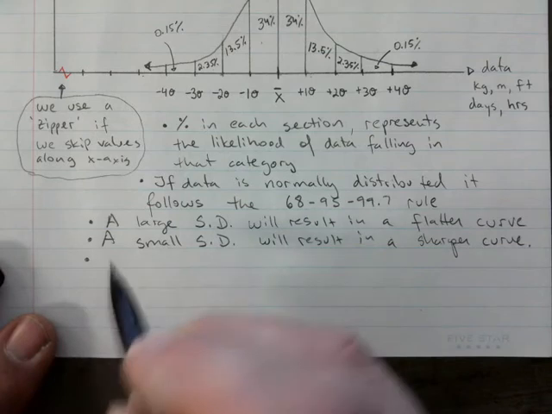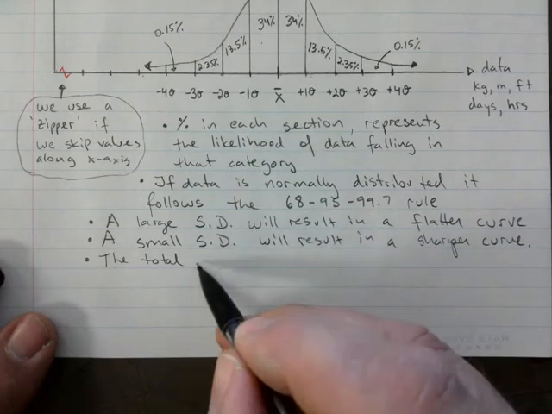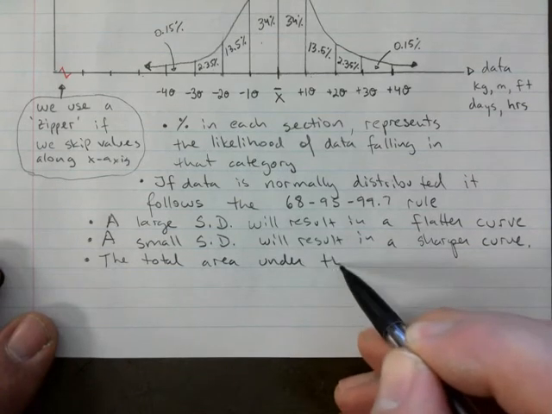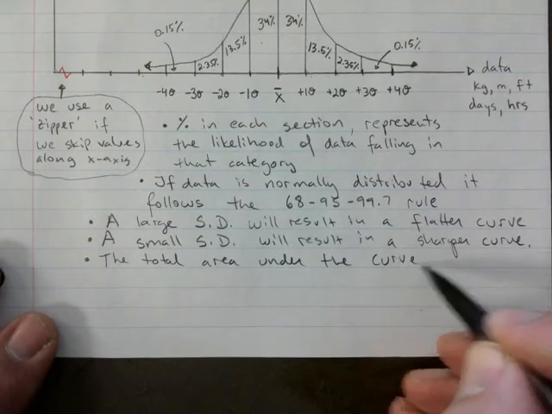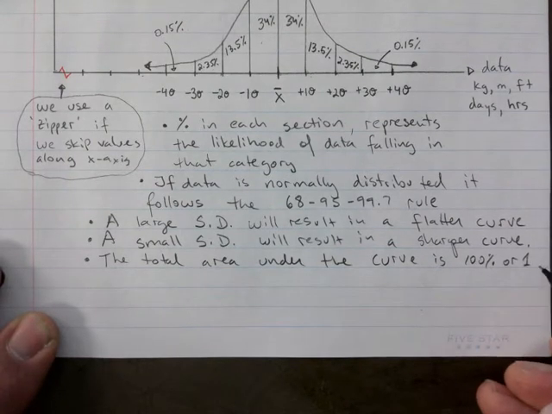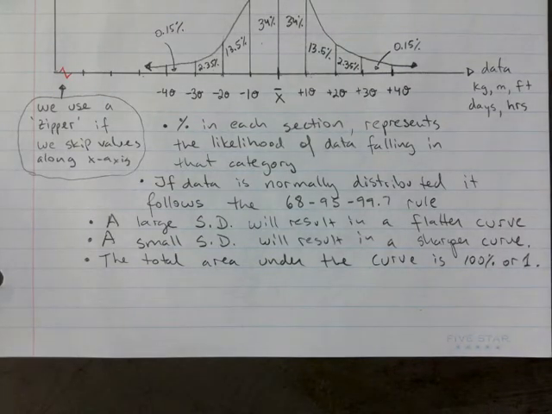The last point I want to add, total area under the curve is 100% or 1. So the percentages are also like probabilities.